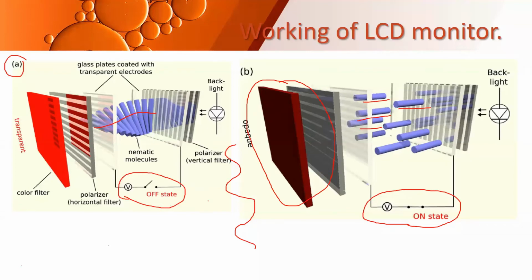So by controlling the amount of electricity which is made to pass or not pass, or pass at different intensities, at different levels, the amount of light which falls on the color filter can be regulated, controlled, and this generates what? Your picture on the screen. This generates the image on your screen.